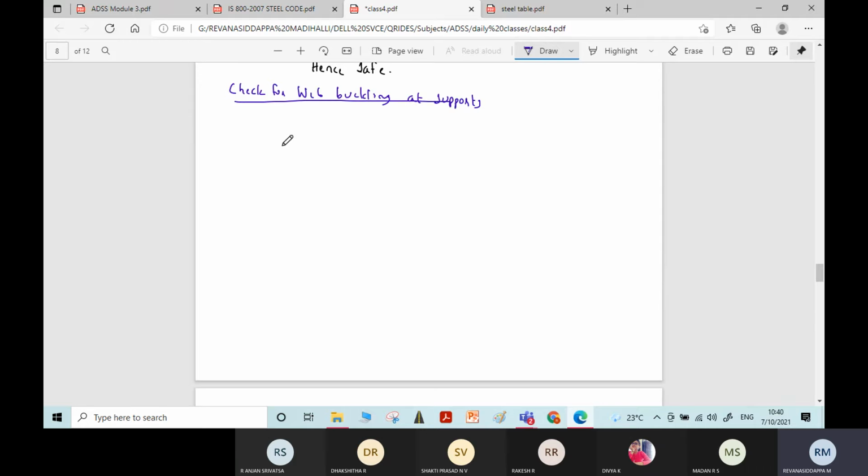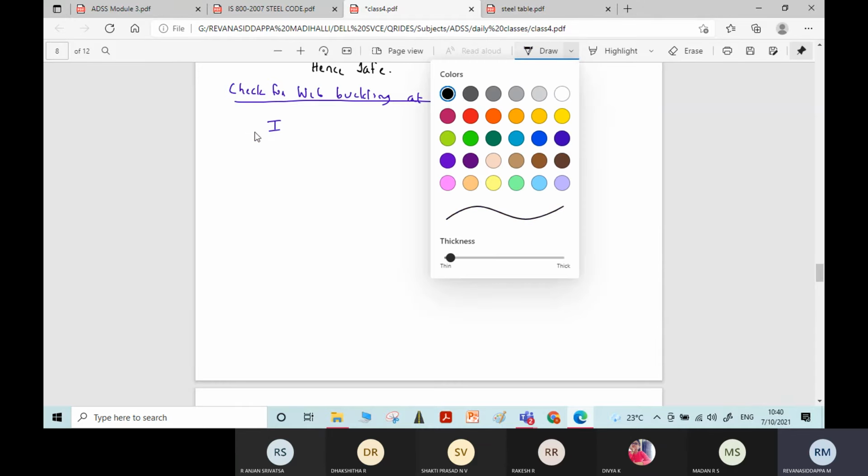Check for web buckling at supports. For checking web buckling at the support, first you need to find the radius of gyration. To find the radius of gyration, you need the moment of inertia and the area of the web. First you find the moment of inertia and area of the web.